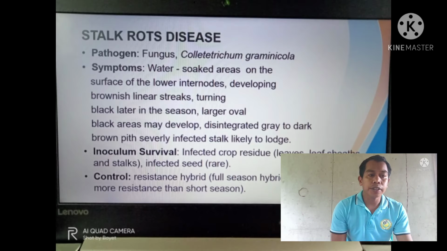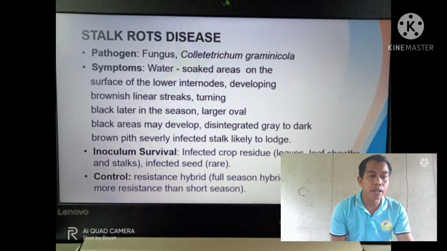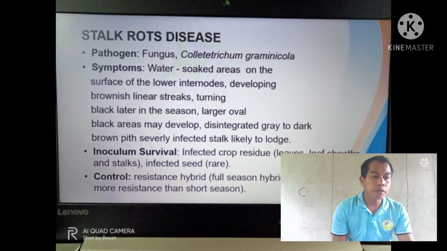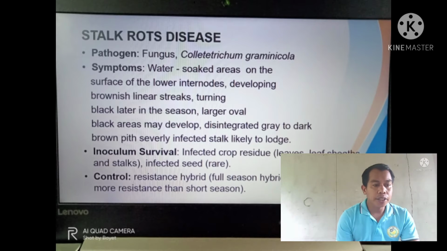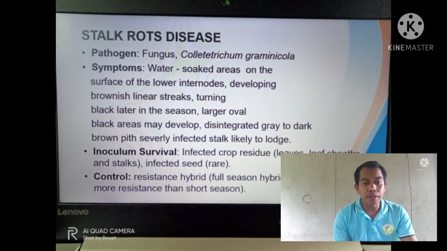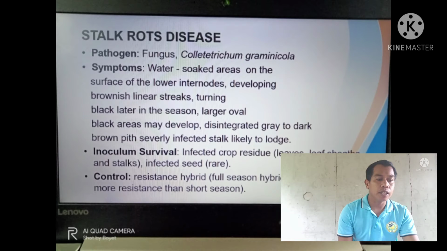Stalk rots disease. Pathogen: fungus, also called Colletotrichum graminicola. Symptoms: water-soaked areas on the surface of the lower internodes, developing brownish linear streaks turning black later in the season. Pith disintegrates, with gray to dark brown pits when severe. Infected stalks are likely to lodge.